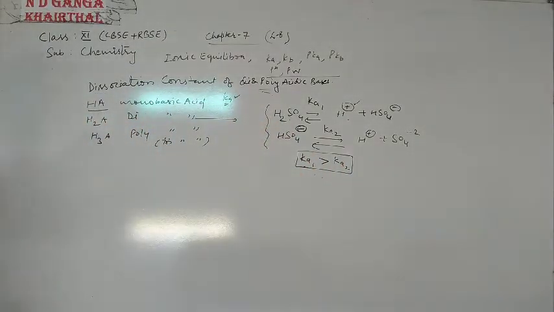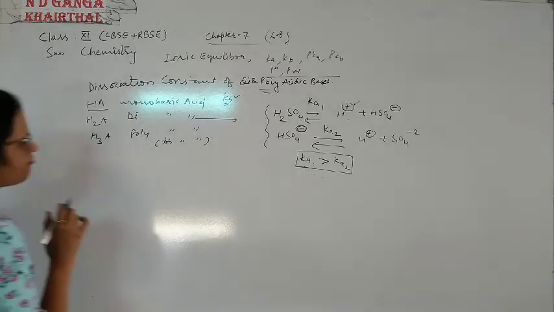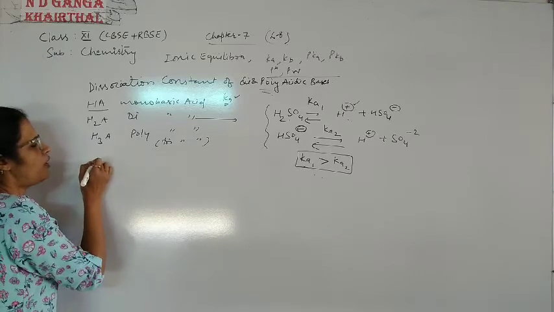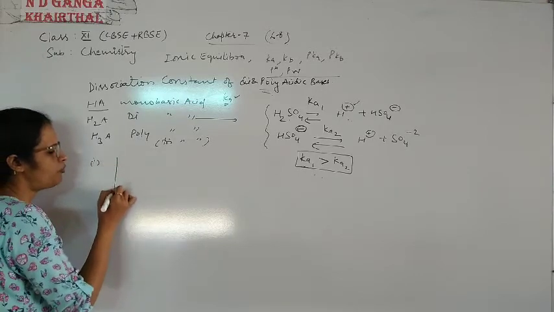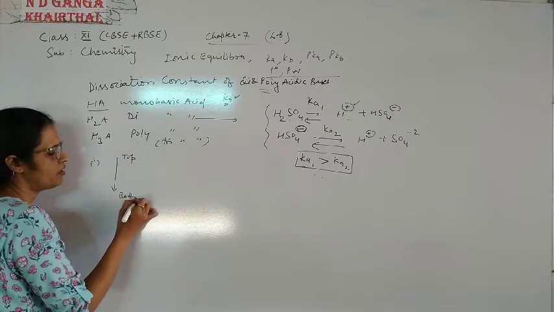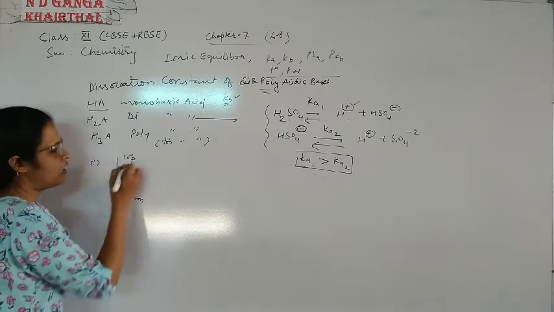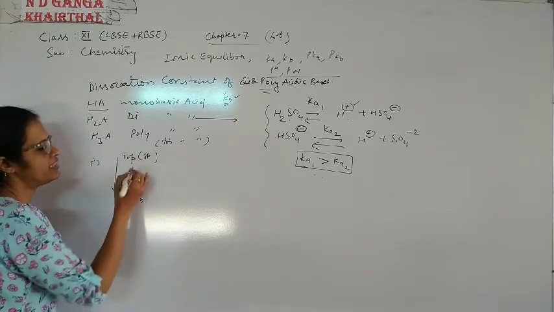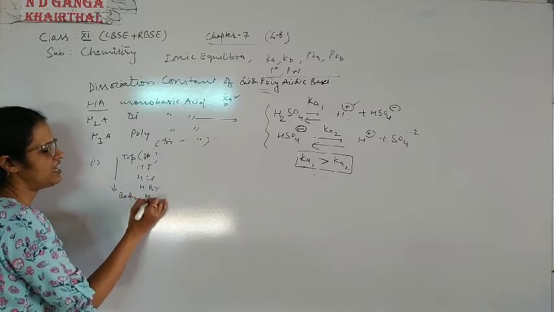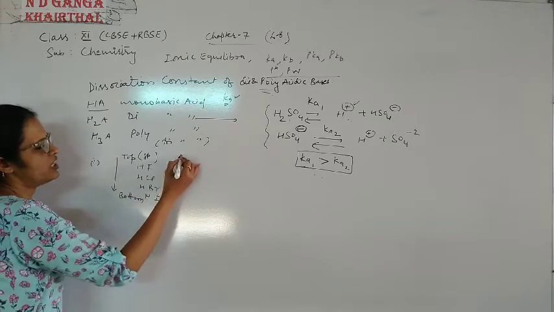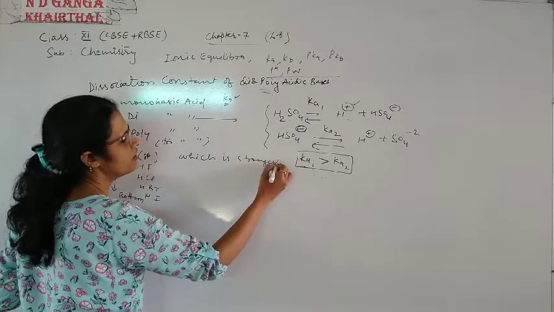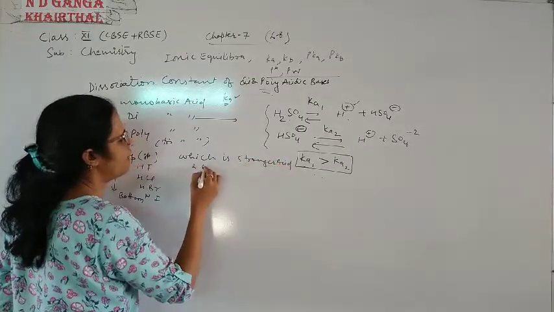Clear? Now come to the two points. First, if we move from top to bottom in a group, for example HF, HCl, HBr and HI, the question is, which is the stronger acid and why?